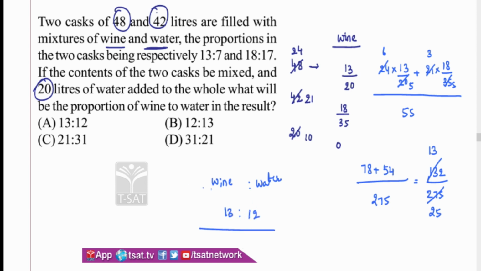So wine and water are in the ratio 12:13. Wine is 12 parts, water is 13 parts. The answer is B. The moment you get it here, 12 parts is wine means the rest of the 13 parts will be water there.